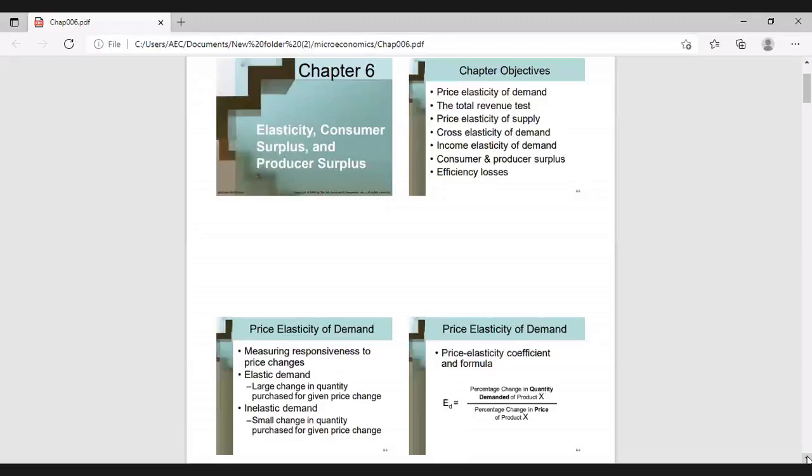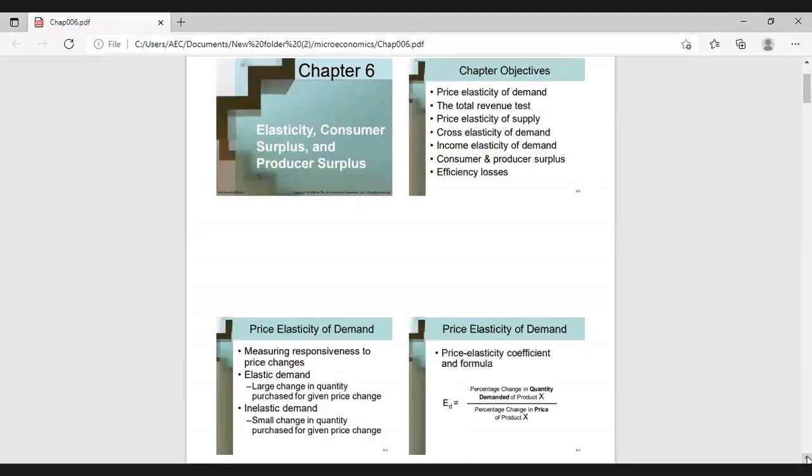That gives one advantage: it is unit free. If both are percentages, then it is unit free. You can measure in any unit, and the coefficient is the same.